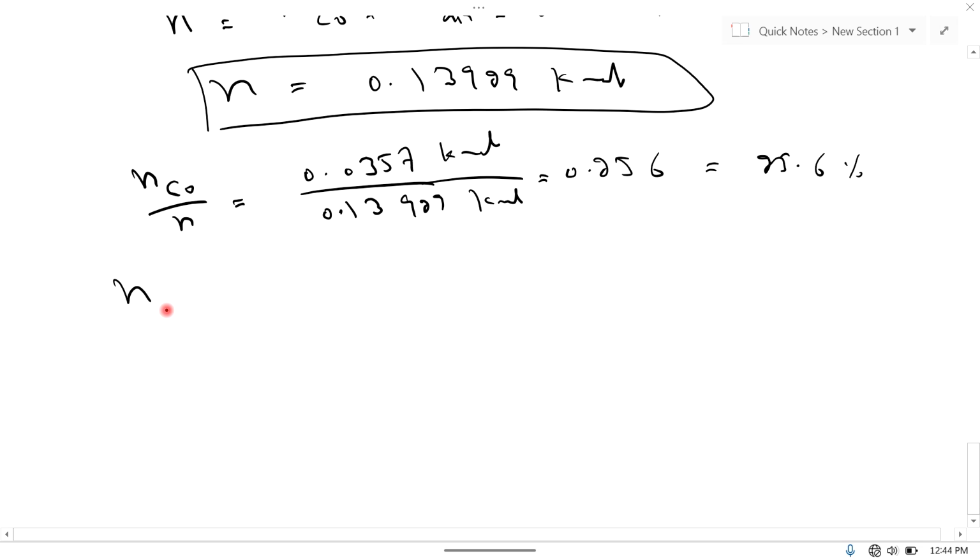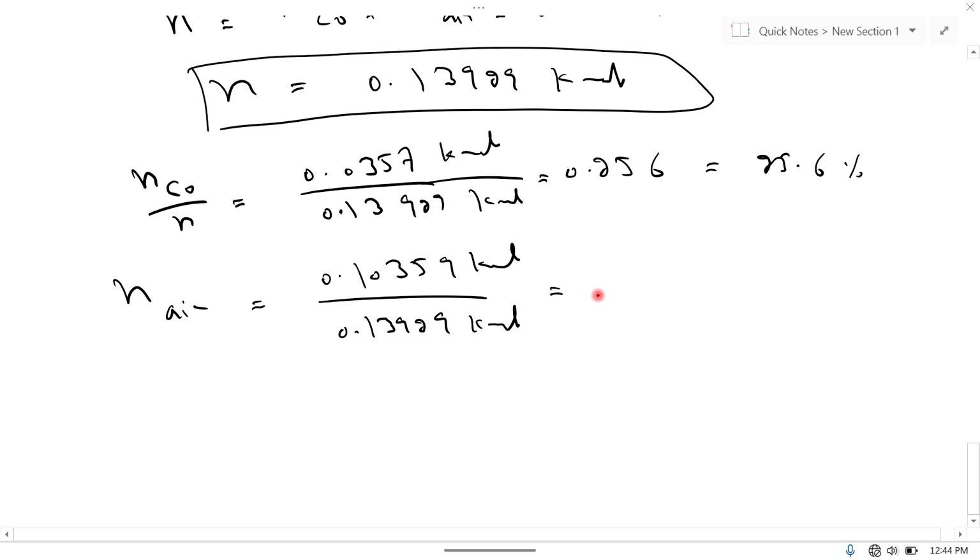Similarly, number of mole of air divided by total number of mole. Total number of mole is 0.13929 kilomole, and number of mole of air is 0.10359 kilomole, which is equal to 0.7436.